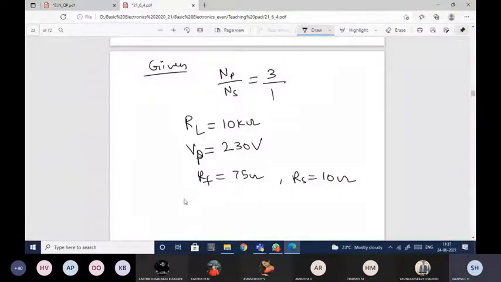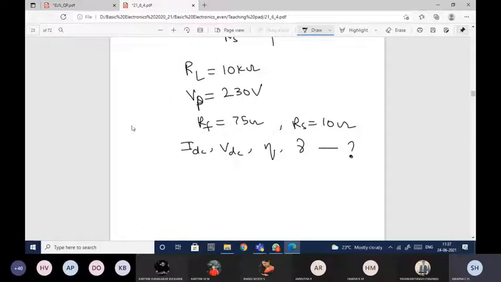Now given all this, he is asking you to find IDC, VDC, efficiency, and gamma. In order to find IDC, you know this is a half wave rectifier, right? So for a half wave rectifier, what is the IDC equation?